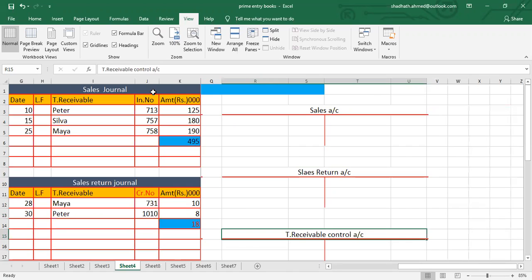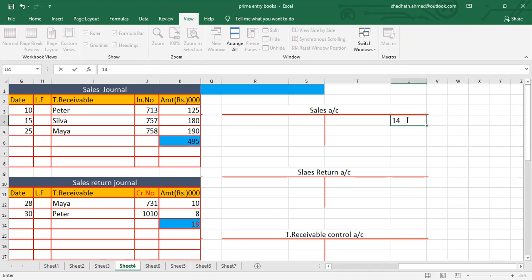First we come to sales journal. Sales journal total 495. Sales is an income. Incomes are credit side in account, so sales account credit 495. To whom did you sell the goods? Trade receivables. So it goes to trade receivable account debit side 495, sales.